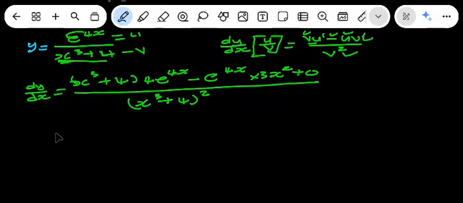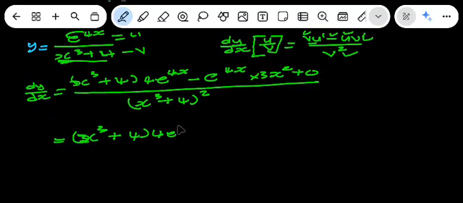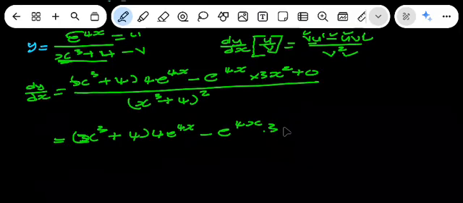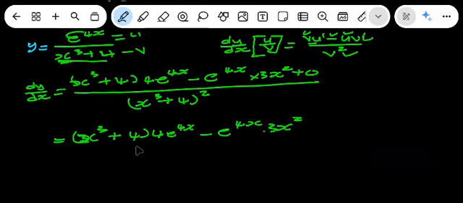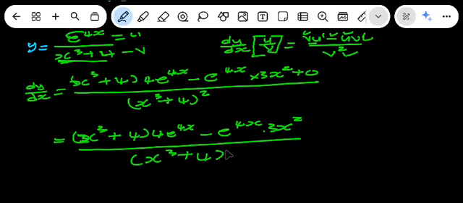So here, this will simply equal (x^3 + 4) into 4e^(4x), minus e^(4x) into 3x^2, divided by (x^3 + 4) squared.